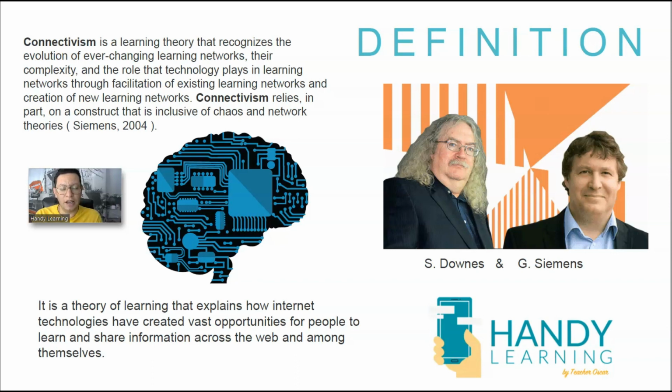Stephen Downes has a very popular theory called learning through chaos, and George Siemens wrote a book called Knowing Knowledge. Both theories and books have complemented the main theory, which is called connectivism.